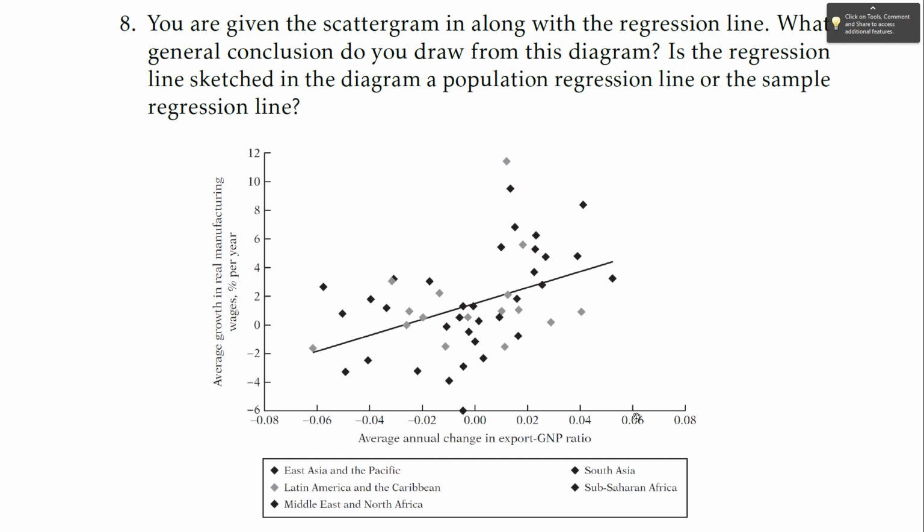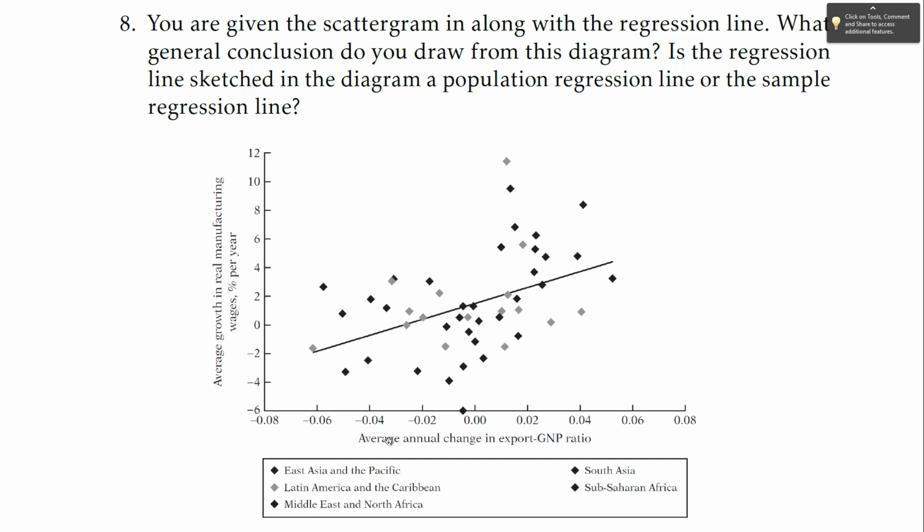How can we analyze those diagrams? We look at axes. What do they mean? We have a look at average annual change in export to GNP ratio. So we can see that the relation is like that. Some of them are small, some of them here, some of them there. Significant variation inside those values. What else can we see?